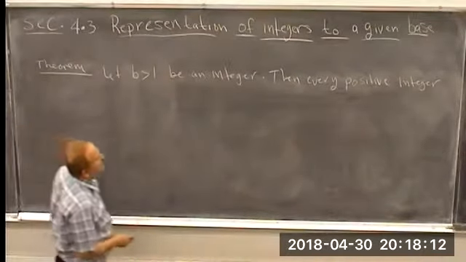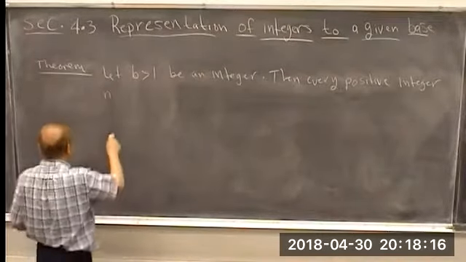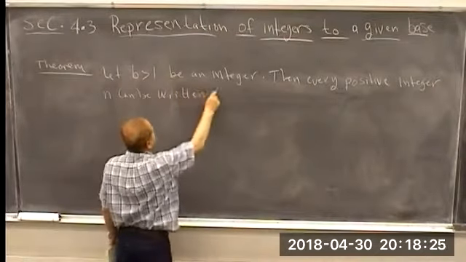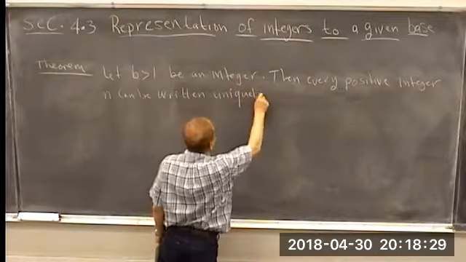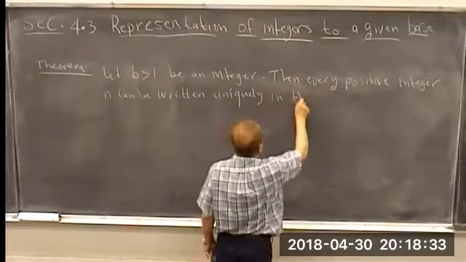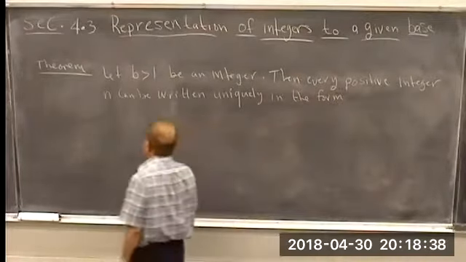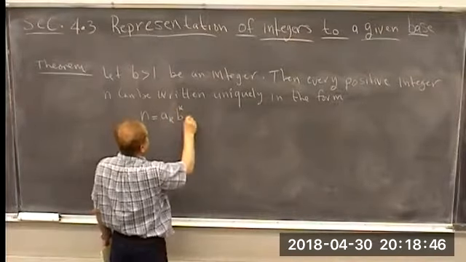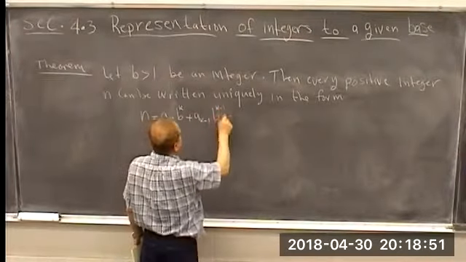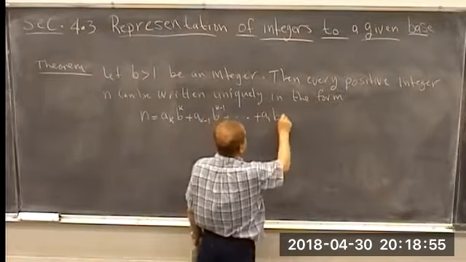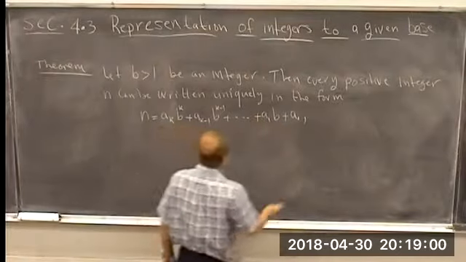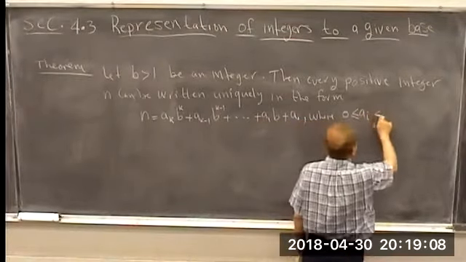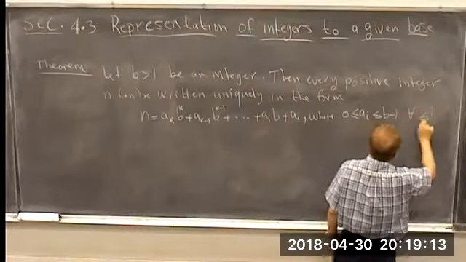And every positive integer n can be written uniquely in this form: n is equal to a_k b^k plus a_(k-1) b^(k-1), and so on, plus a_1 b plus a_0, where a_i lies between 0 and b minus 1 for every i between 0 and k.